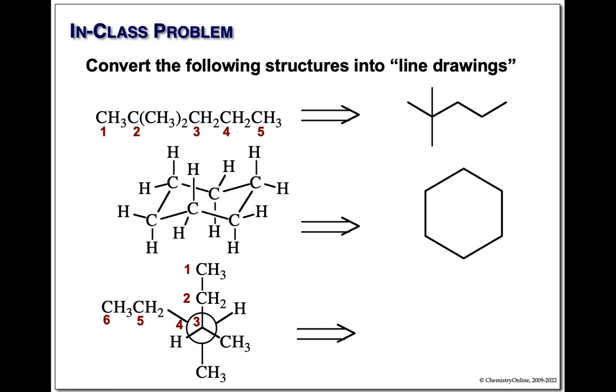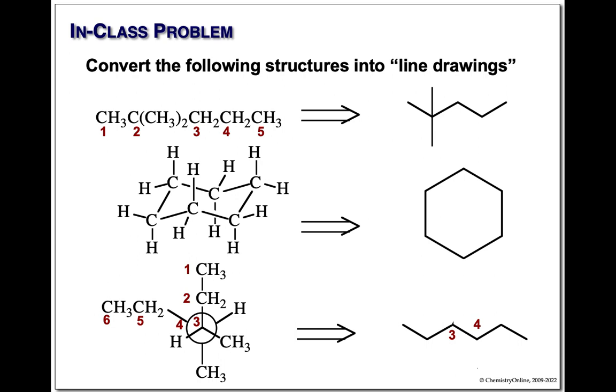So we are going to write a zigzag with 6 carbons. Go ahead and do that. And it's going to look something like that. I've labeled carbon 3 and carbon 4.